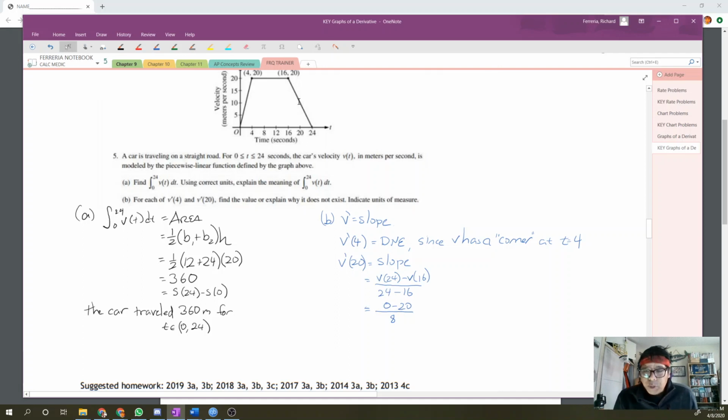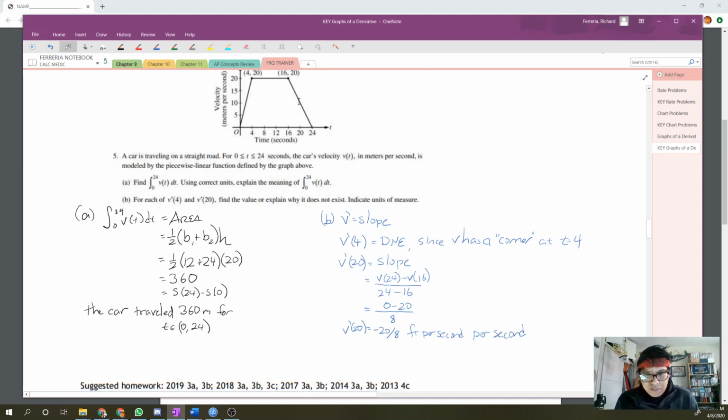Well, you use the slope formula. And you use the 2 points that you know the coordinates, or the 2 points that are closest. It's going to be the velocity at 24 minus the velocity at 16 over 24 minus 16. 0 minus 20 over 8, which is negative 20 over 8.